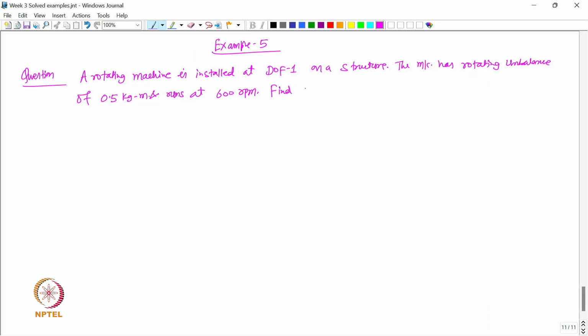Find the displacement amplitude at degree of freedom 2 of the structure.